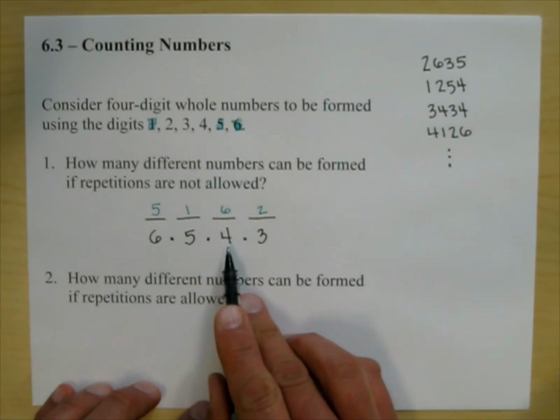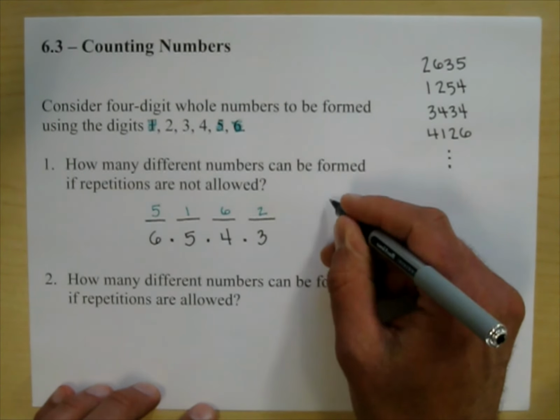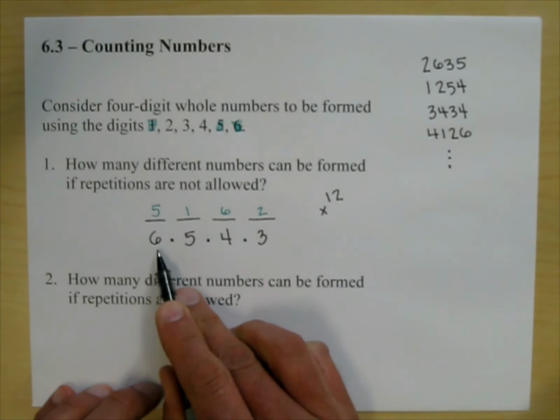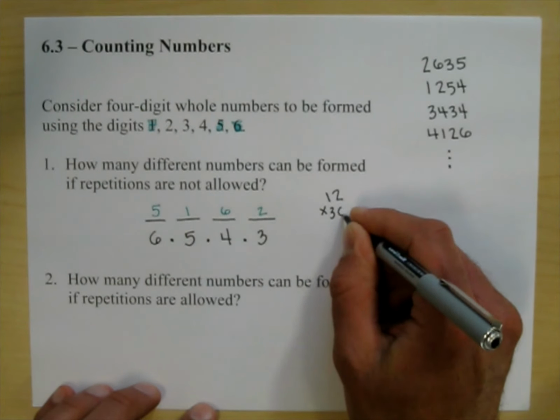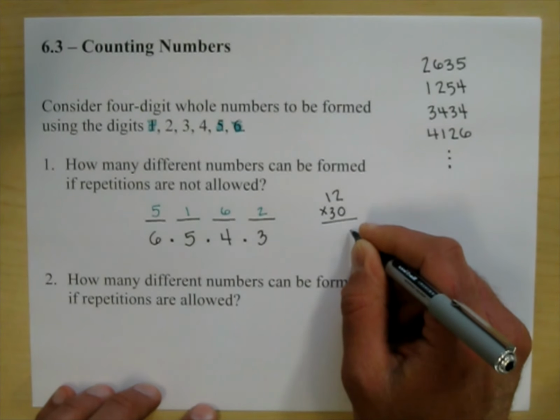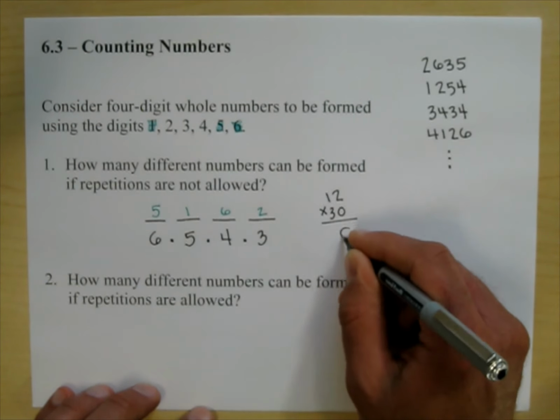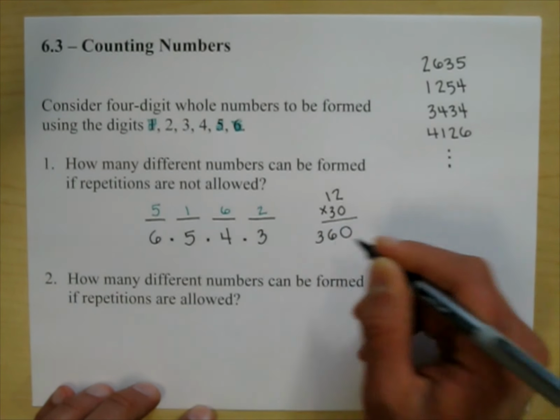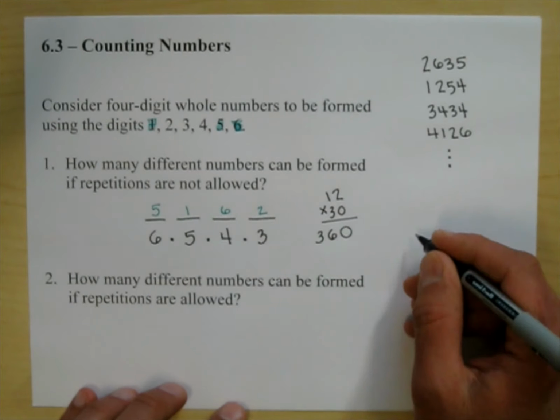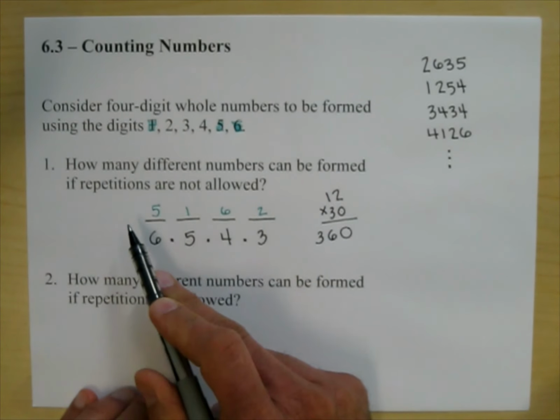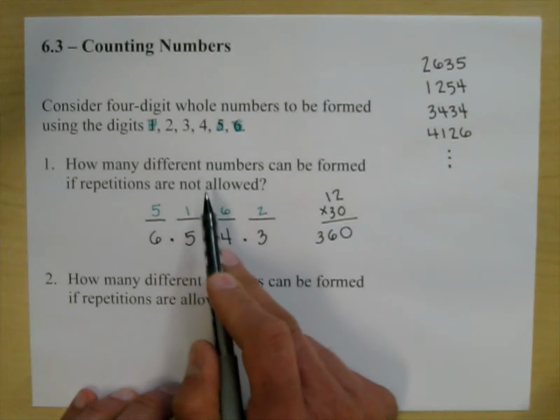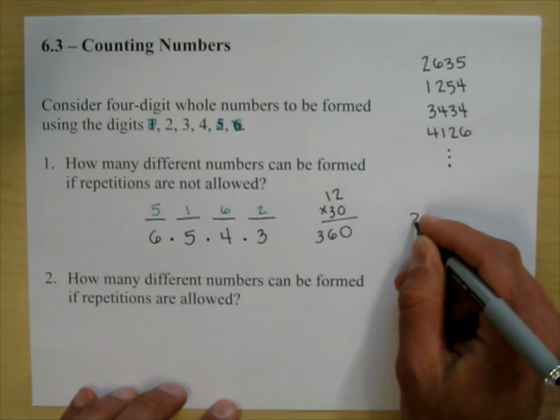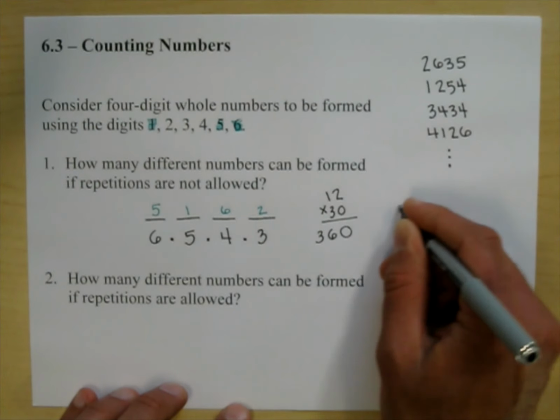So what I'm going to do is I'm going to go 4 times 3 is 12 times, then we have 6 times 5 is 30. We have a 0 there. 3 times 2 is 6, and 3 times 1 is 3. So it looks like my final answer for this, how many different numbers can be formed if repetitions are not allowed? They are 4-digit numbers, and you're using these guys right here, 360 for the first answer.